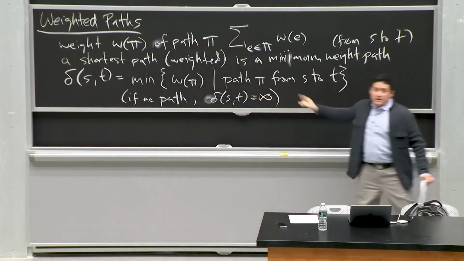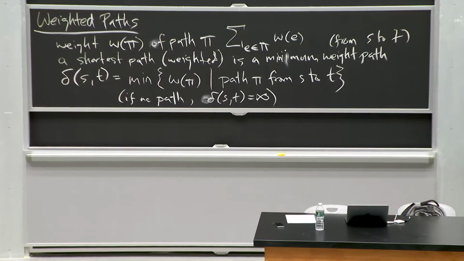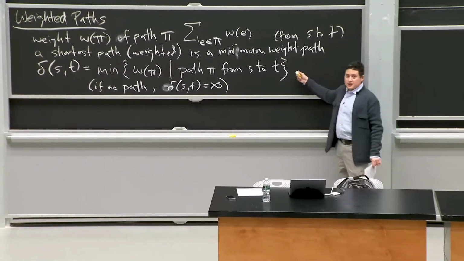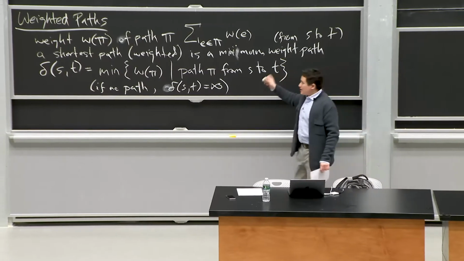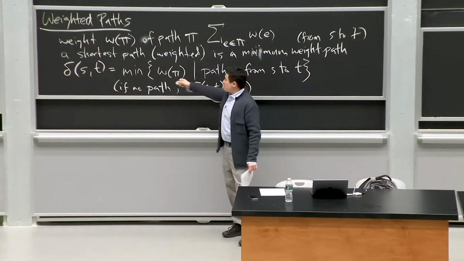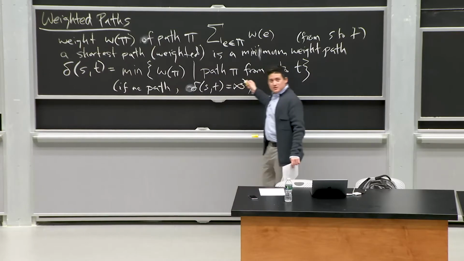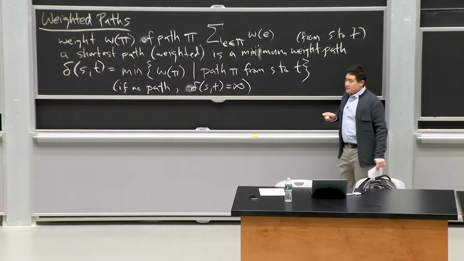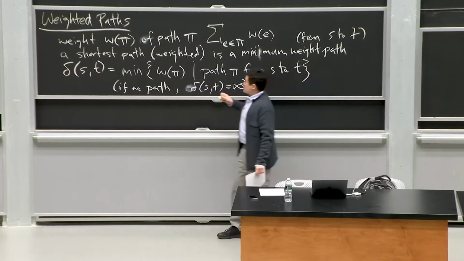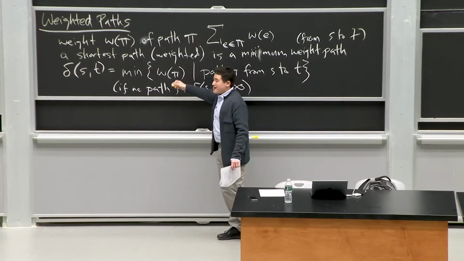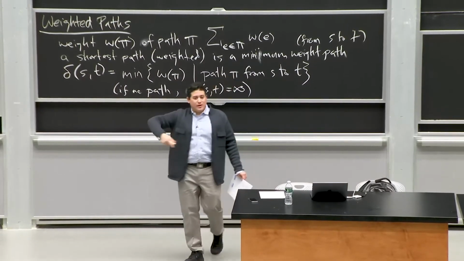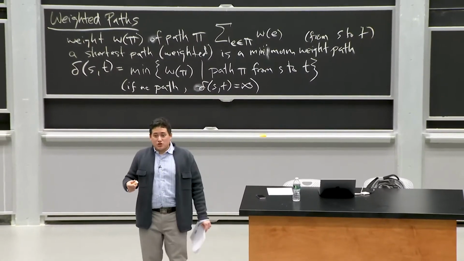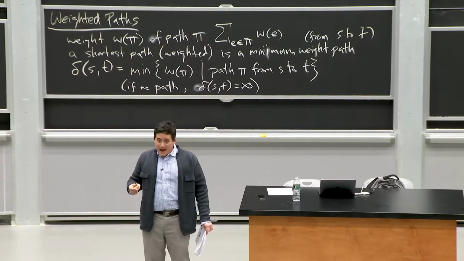But there's one additional problem with weighted shortest paths, and it's a little subtle. It's possible that a finite length shortest path doesn't exist. What do I mean by that? It means I could keep going through edges in my graph and continually get a shorter path, right?